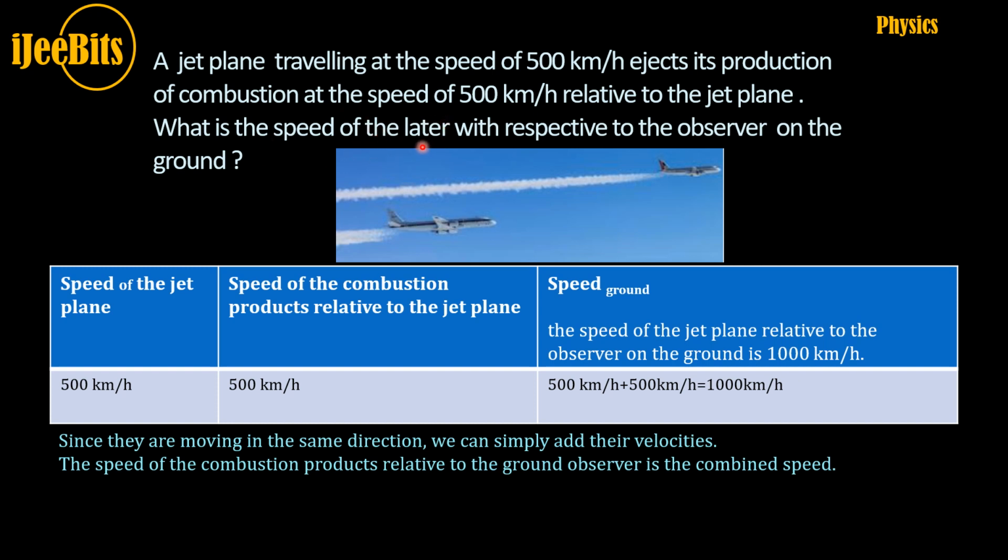The speed is simply the speed of the jet plus the speed of the combustion products relative to the jet plane. That means 500 km per hour plus 500 km per hour, we get 1000 km per hour. Because they are moving in the same direction, we can simply add the velocities. That is how we get the speed.